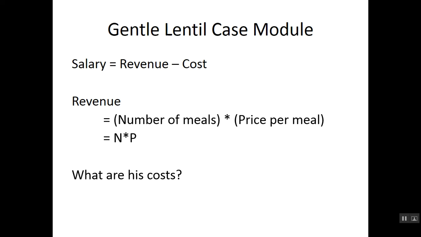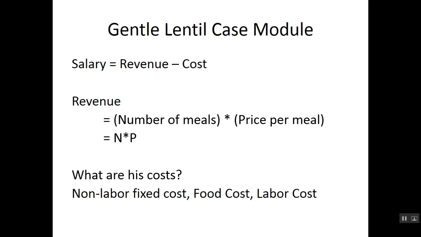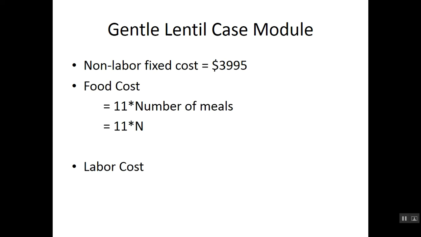And he has several types of costs. He has a non-labor fixed cost, he has food costs, and he has labor costs. And so we need to be able to calculate each of these, or at least simulate each of these. Now he tells us that the non-labor fixed cost, he expects them to be $3,995.